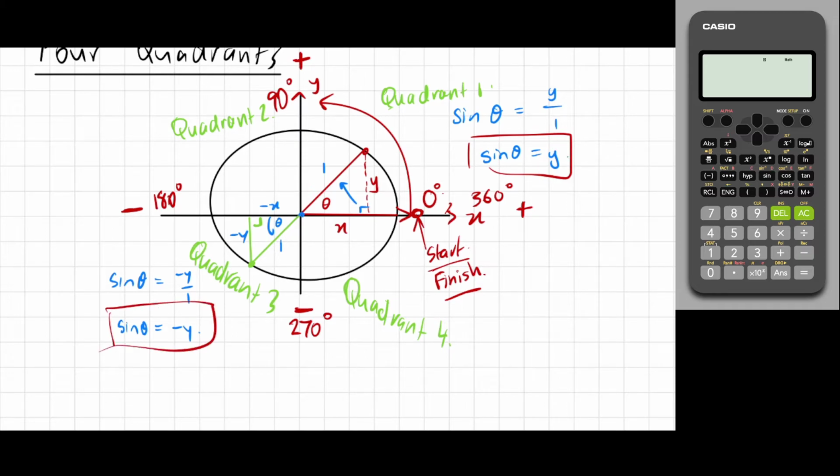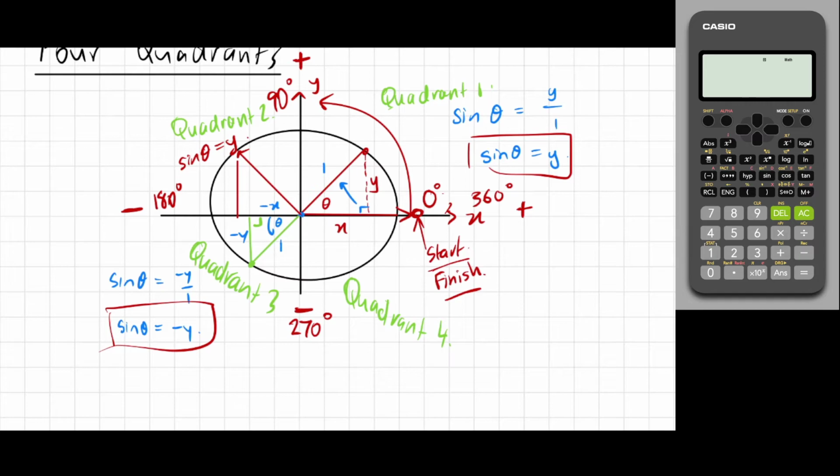But over here, it was equal to a negative number. If I was to do it over in this corner, it would be equal to a positive number as well, because if you think about it, my y direction is telling me what sine is, and y over on this side is going up. So sine theta would be equal to positive y on the side.